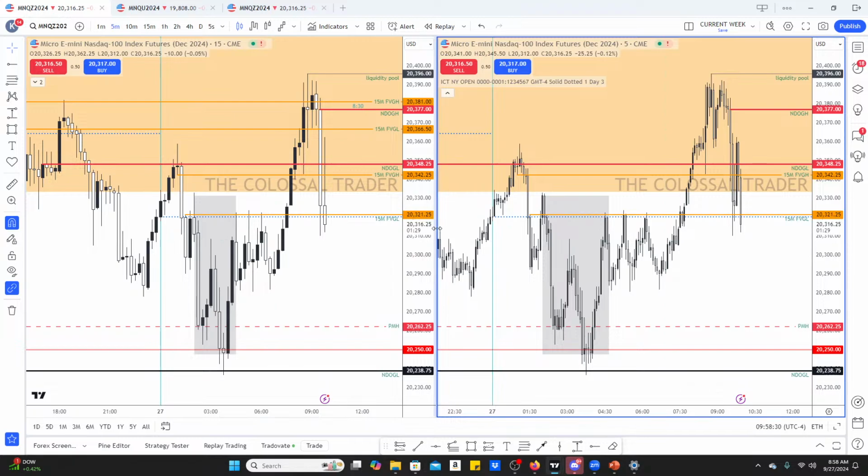Watch how this 15-minute looks like it wants to close below this. So that could be enticing. We've ran higher. We dropped. Let's see if this 15-minute candle closes below this. Let's watch that.